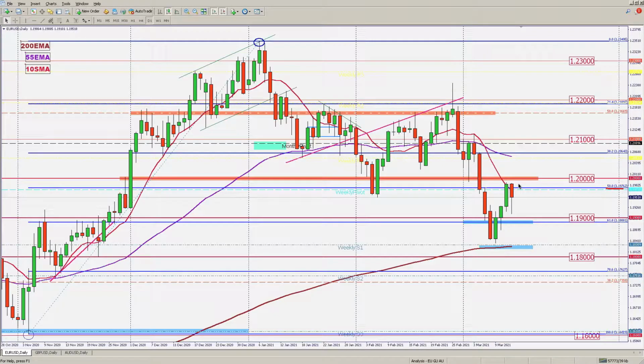And then on Friday, it pulled back a bit lower to close right at the swing low of early February, right at the same level here at the 114.50 area.